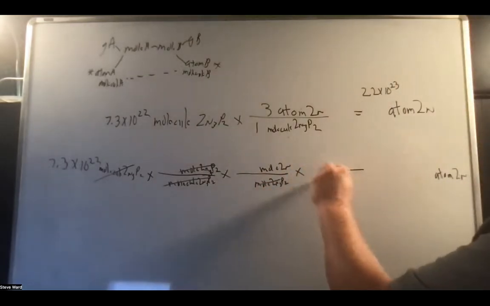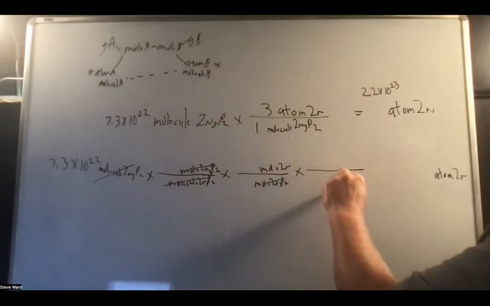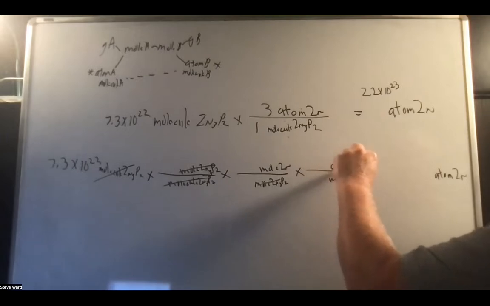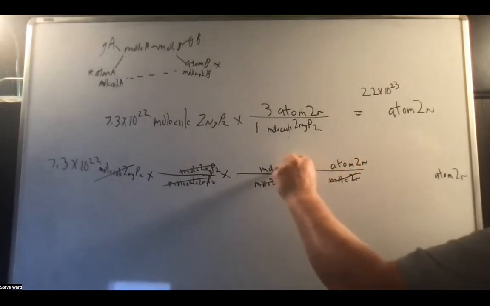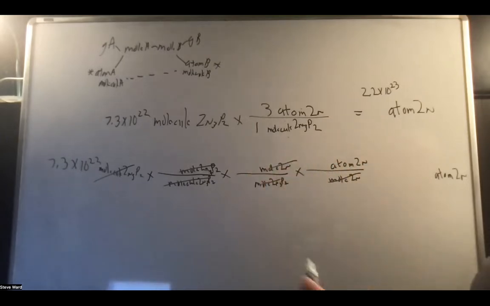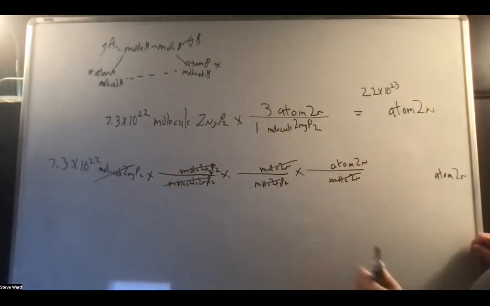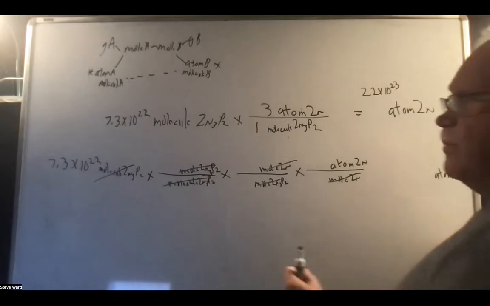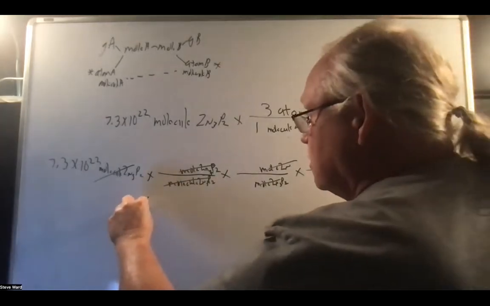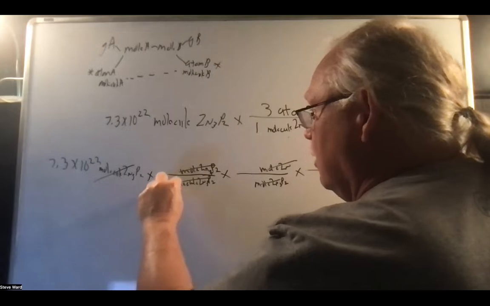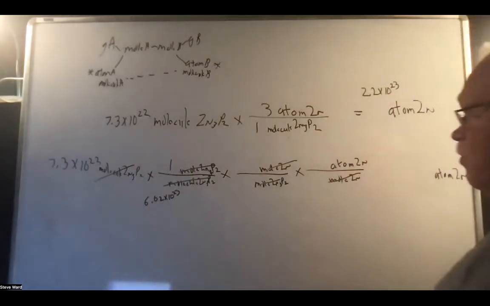Then I can go from moles of zinc to atoms of zinc. Where do I get the numbers to go from molecules to moles? Again, that's Avogadro's number. Remember, there's only 3 places to get these numbers. 6.02 times 10 to the 23rd molecules per mole.